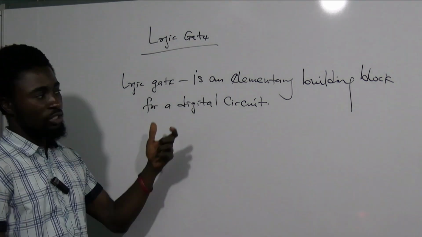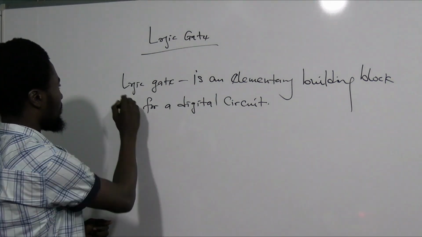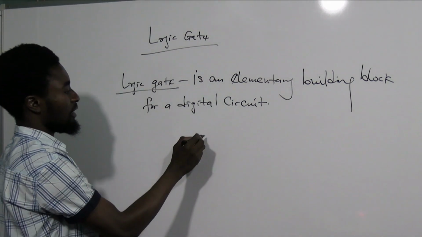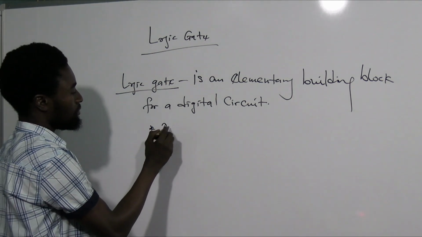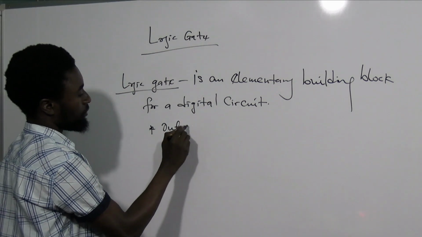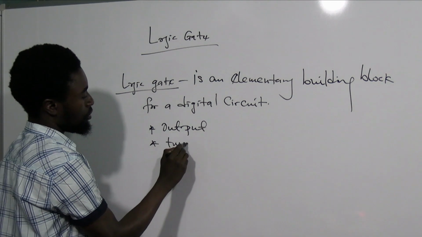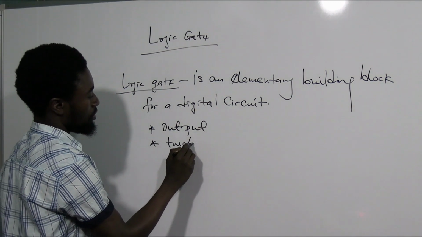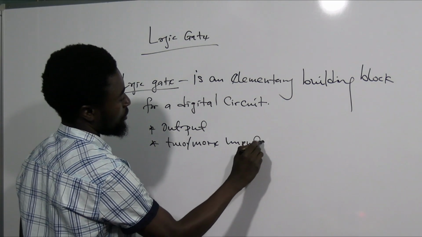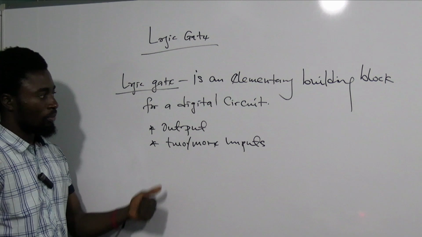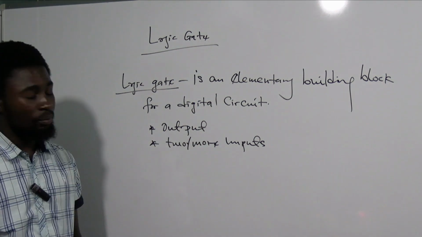So this is what logic gate is, and for most of these logic gates, they have one output and two or more inputs. So most of these logic gates have one output and two or more inputs.